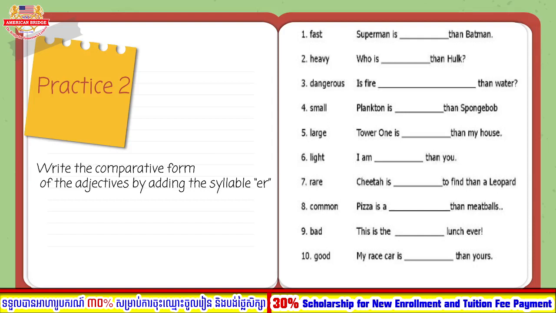Example number 1: we have the word fast, and the sentence is: Superman is faster than Batman, right? Now you do this practice in your notebook. After you finish, take a photo and send it to teacher, so teacher will check it for you, right?